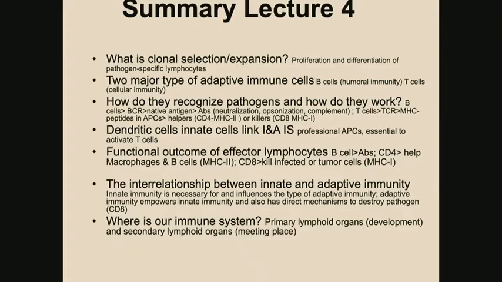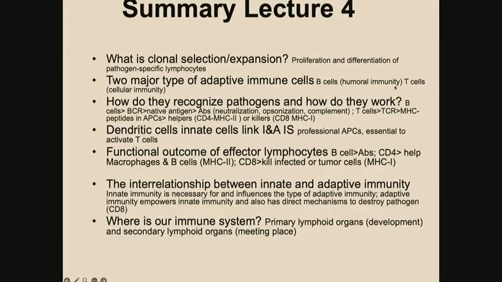There are three ways that we have learned already. Neutralization, opsonization, and complement fixation, right? Remember that the classical way of activating complement is with an antibody bound to the antigen. That's what activates the complex. The antibody alone doesn't activate the complex. It needs to be bound to the antigen.